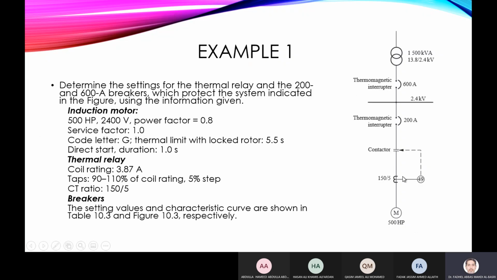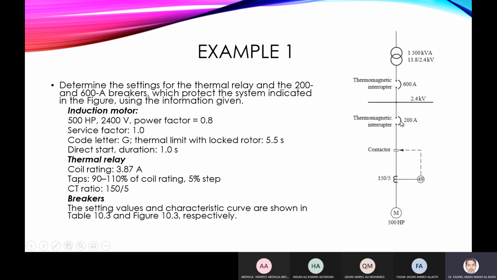So this is an example. I have a motor, and it is switched on and off by a contactor. This is a 500 HP motor. It's not big, so it's less than 1000 HP, the first type.